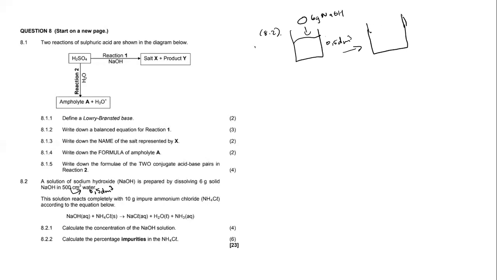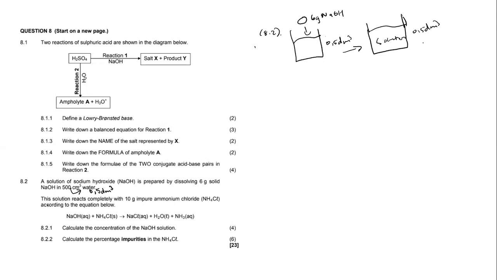That means in this case, we're going to have a volume of 0.5 cubic decimeter. And inside of this, we're going to have number of moles, we're going to have concentration, we're going to have solution. Solution of what? Solution of sodium hydroxide and water. We prepare that solution in this beaker, right?